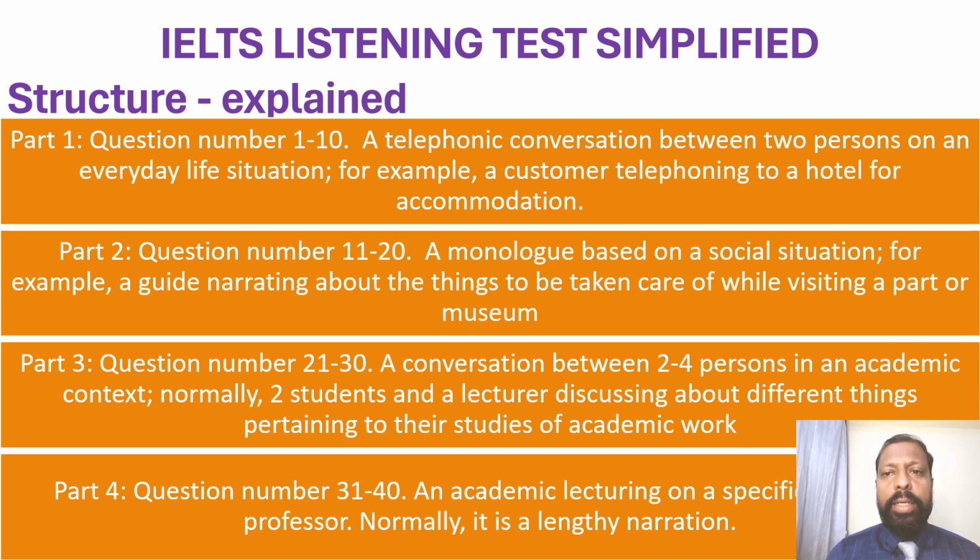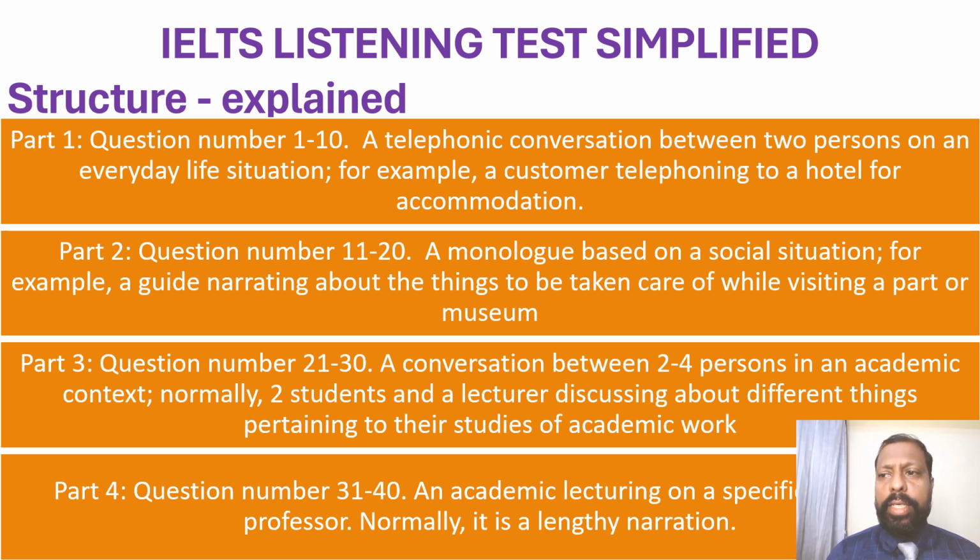In part 3, you have question number 21 to 30. Here we can see a conversation between 2 to 4 persons in an academic context. Normally, 2 students and a lecturer discussing different things pertaining to their studies or academic work.